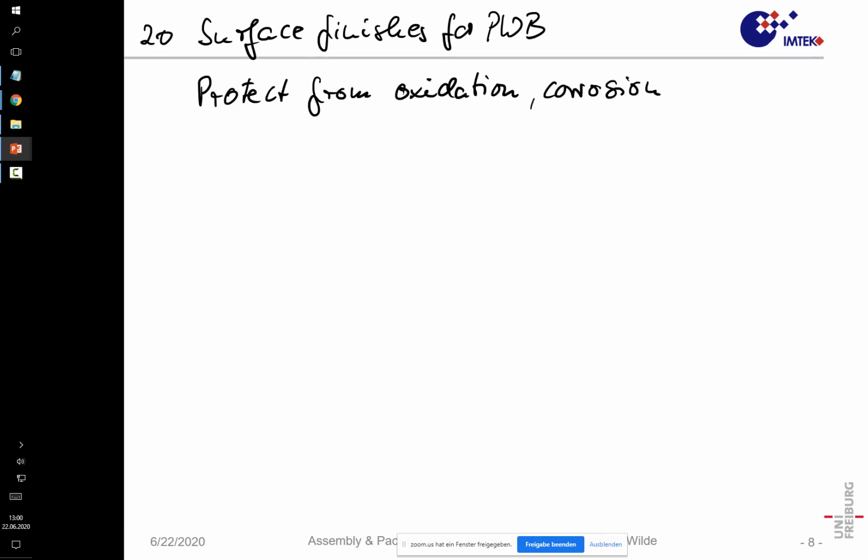Okay, so that was very good. So again, as I like it, not only to know such a thing, but also to know what's the background. So protect from oxidation. The big disadvantage is that solderability can be impaired, so that could be a problem.